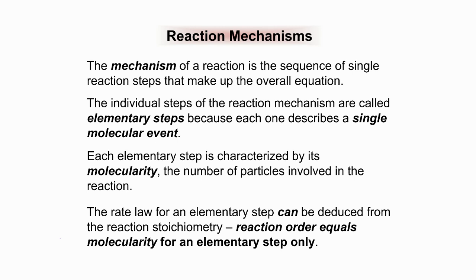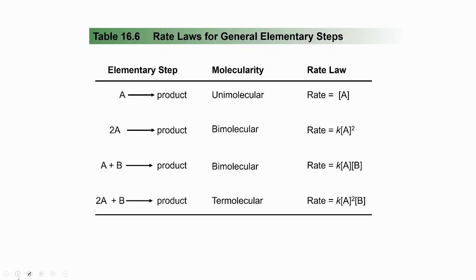The individual steps of the mechanism are called elementary steps because they describe a single molecular event. Each elementary step is characterized by how many particles are involved in the reaction, which is known as molecularity. So let's take a look at this little chart.